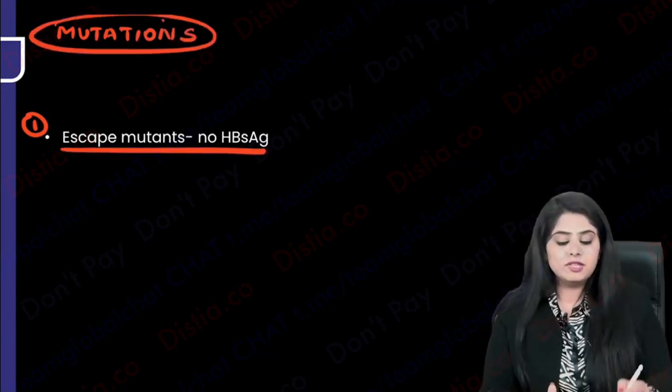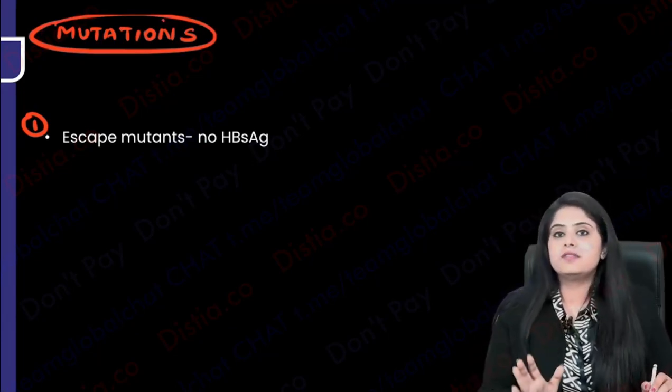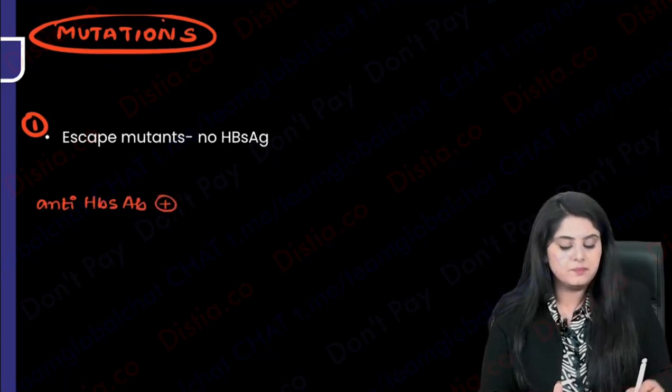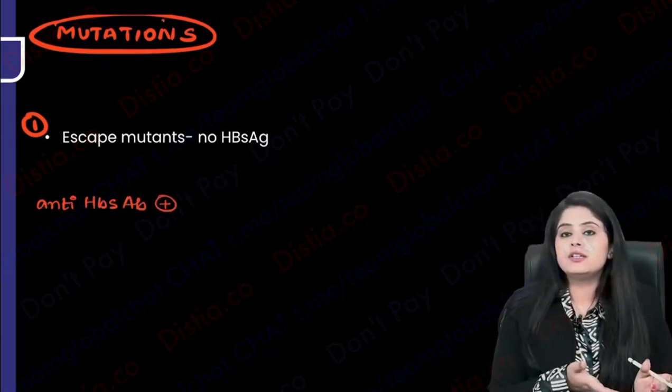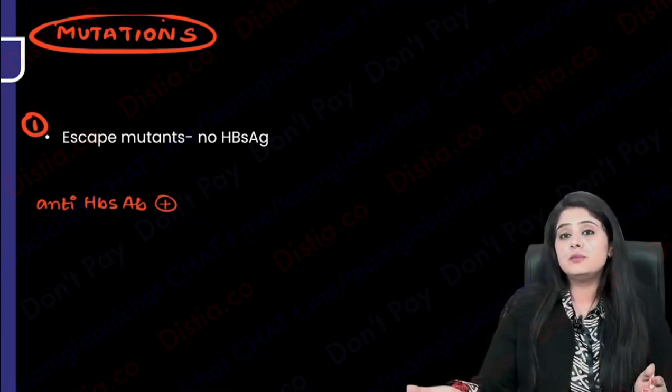So what is the problem with them? The problem is that all of us have at one point of time been vaccinated with hepatitis B. This means all of us have anti-HBs antibodies in our system. The reason we have them is that if a hepatitis virus tries to enter us, those antibodies are able to neutralize it.